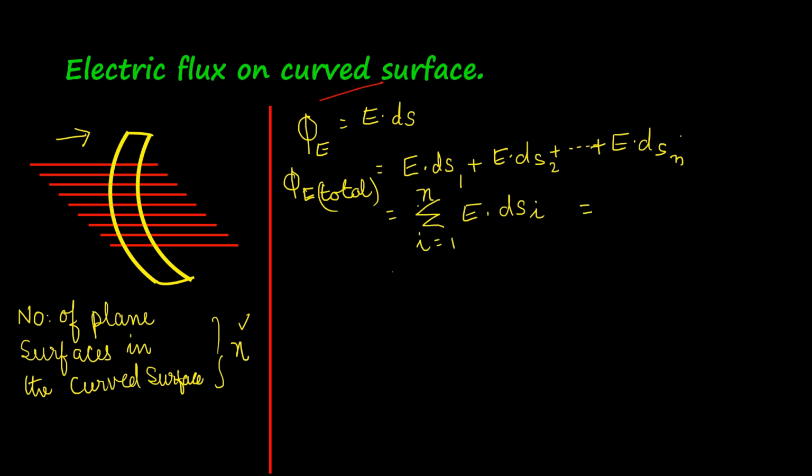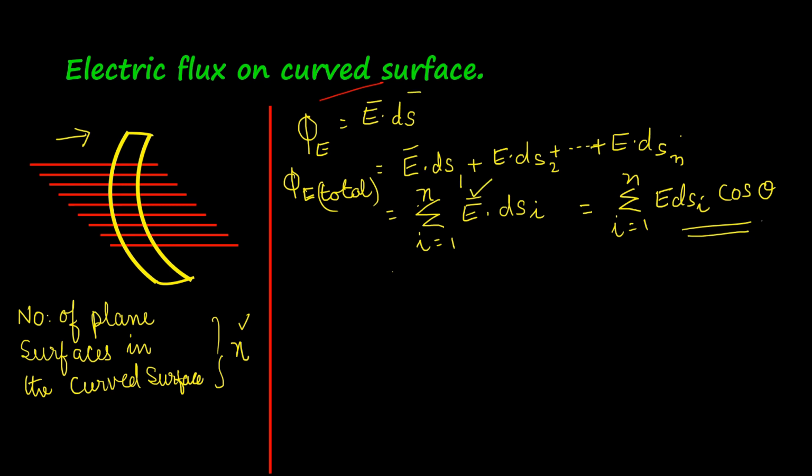But E dot ds is equal to E ds cos theta. So this equation becomes sigma E dsi cos theta, where the limit of i is equal to 1 to n. So this is the expression for electric flux on a curved surface.